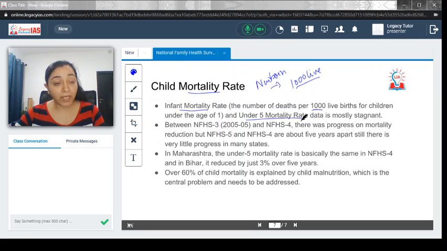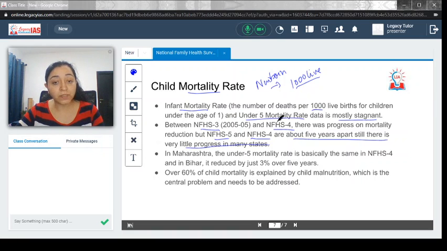And the under-5 mortality rate data is mostly stagnant. Basically we have not made much improvement in the mortality rate or even the under-5 mortality rate, and it has more or less become stagnant. Between NFHS 3 and NFHS 4, there was progress on mortality reduction, but NFHS 5 and NFHS 4 are about 5 years apart. Still there is very little progress in many states.